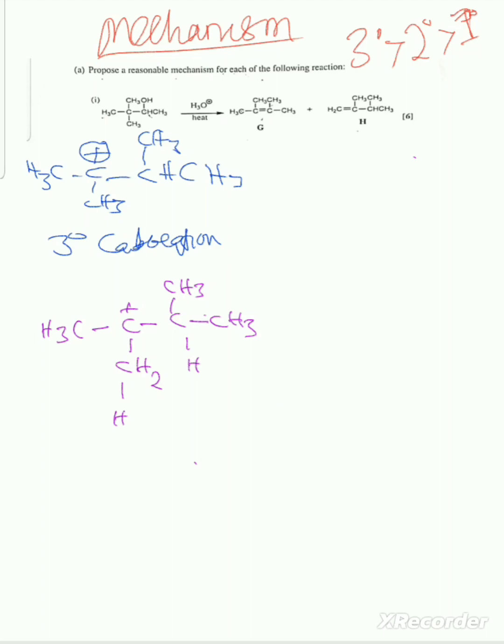So I'm going to bring water, the one that I had brought, which is like this. So here, this is the water that I've brought there. Which one am I going to attack for me to have a Zaitsev product? I'm going to attack the less exposed hydrogen, which is being hindered by the alkyl groups.